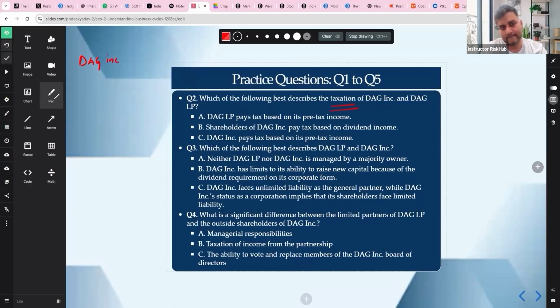DAG Inc.: special corporate form, all given in the question, pays no corporate tax.